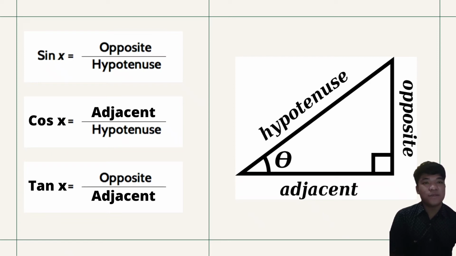So we have a formula for sin, cos, tan, where sine theta or sine x is equal to opposite over hypotenuse, and the cos is adjacent over hypotenuse, and the tan is opposite over adjacent.